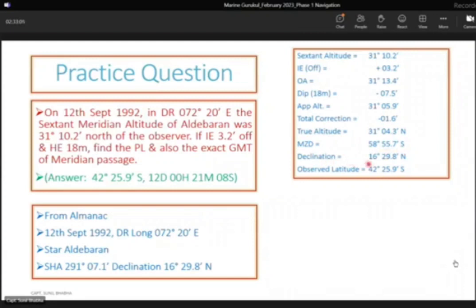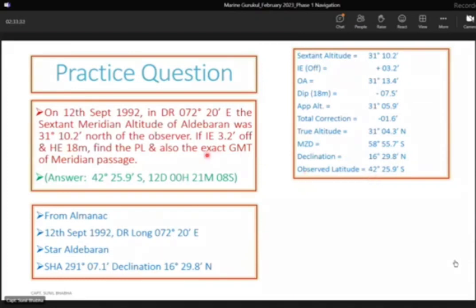The declination from the almanac is 16 degrees 29.8 minutes north. Combining the MZD and declination, they are of opposite names, so bigger minus smaller gives us the observed latitude as 42 degrees 25.9 minutes south. So we have obtained the observed latitude and the position line; the direction of the PL is east-west.